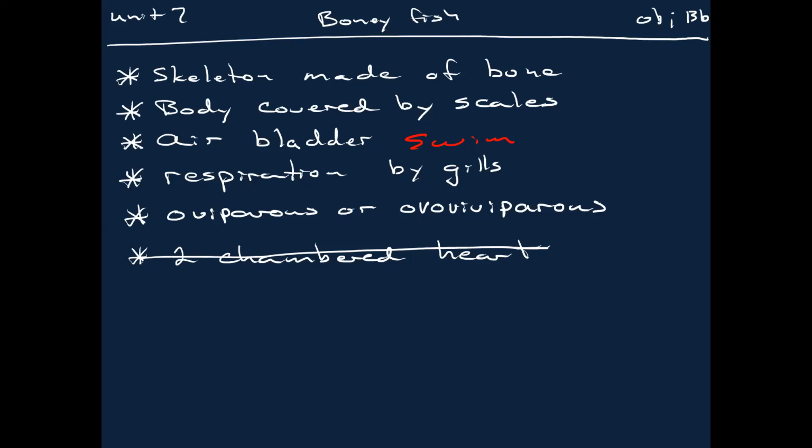And when the mouth is closed, the opercula are open so that they are able to pump water over their gills as they sit in one place because of the air bladder. So this means that they don't have to keep constantly moving, like some of the sharks do, in order to breathe.